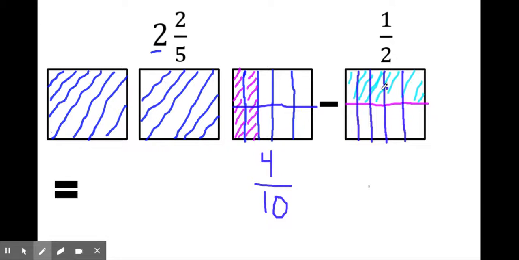And 1, 2, 3, 4, 5 out of our 10 that are shaded here. So we have 2 and 2/5. I'm sorry, now we have 2 and 4/10 minus 5/10.